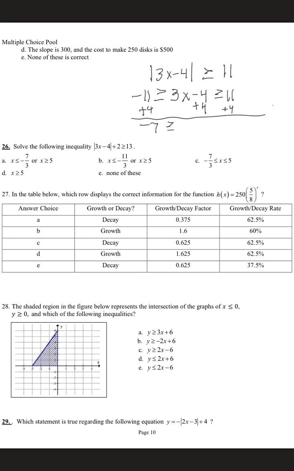Negative 7, same inequality, and then I divide by 3. And seeing how the answers are, I'm going to write them first to the right. X is greater than or equal to 5, or if I read it from the left, X is less than or equal to negative 7/3. And that looks like answer A.